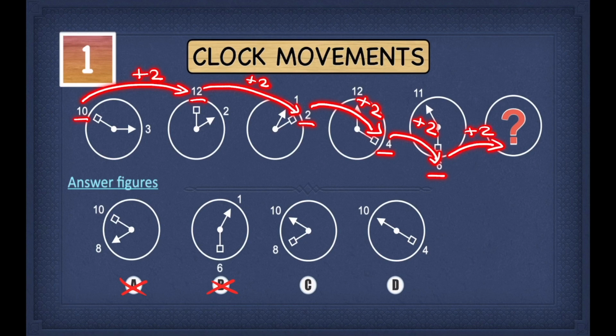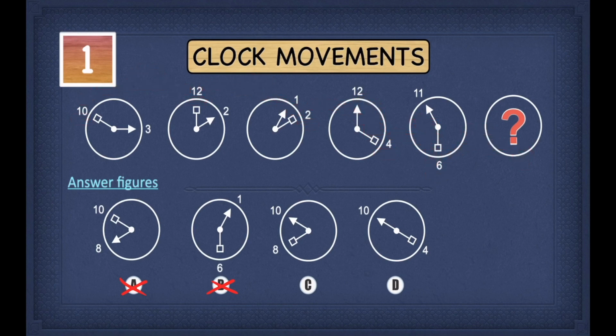And 6 plus 2 will give us 8. So this means in our answer, the square must point towards 8. In C, the square points towards 8, whereas in D, it points towards 4. And therefore, we can cross out D, and which means our answer will be C.